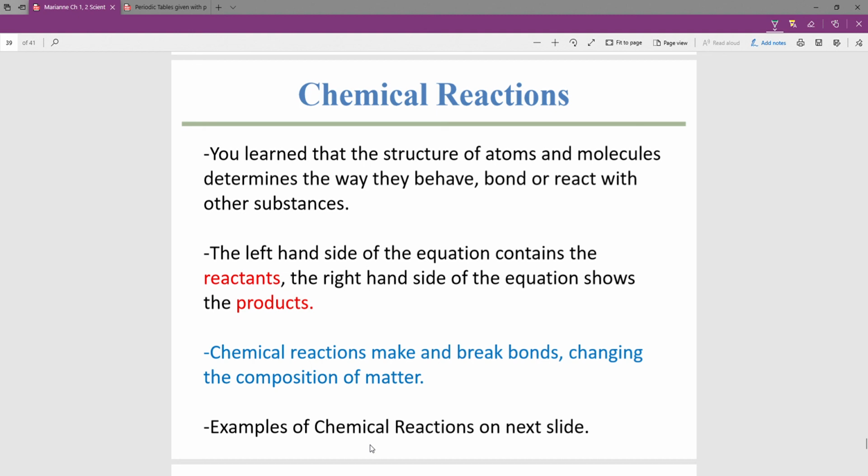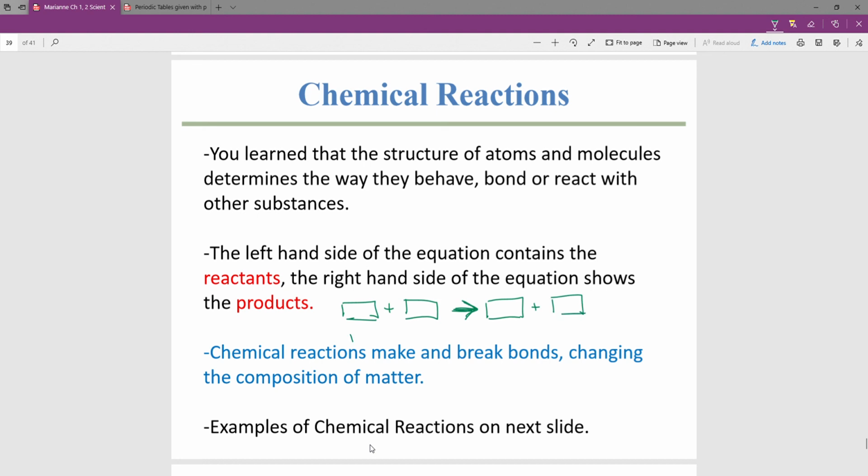So we are going to talk about chemical reactions. We've already seen one in that neutralization reaction. All chemical reactions have things on the left-hand side being added together, and this arrow here signifies the making and breaking of bonds, that rearranging, if you will, into the products.